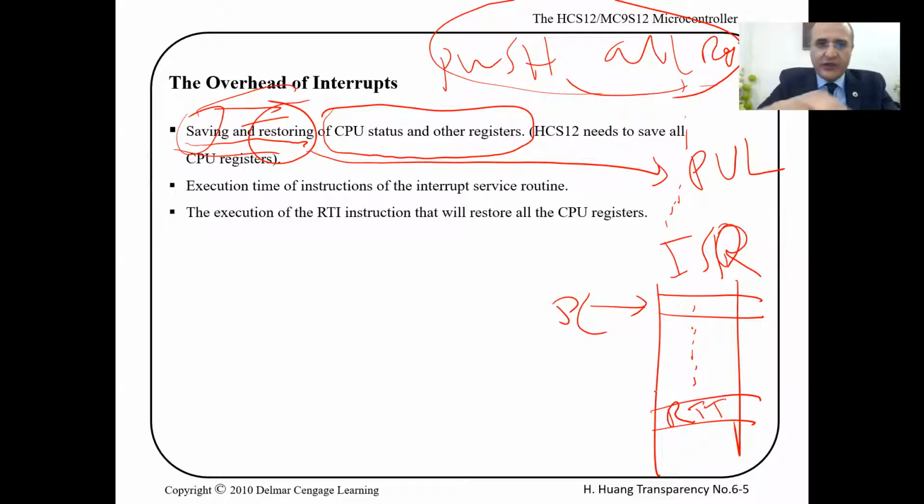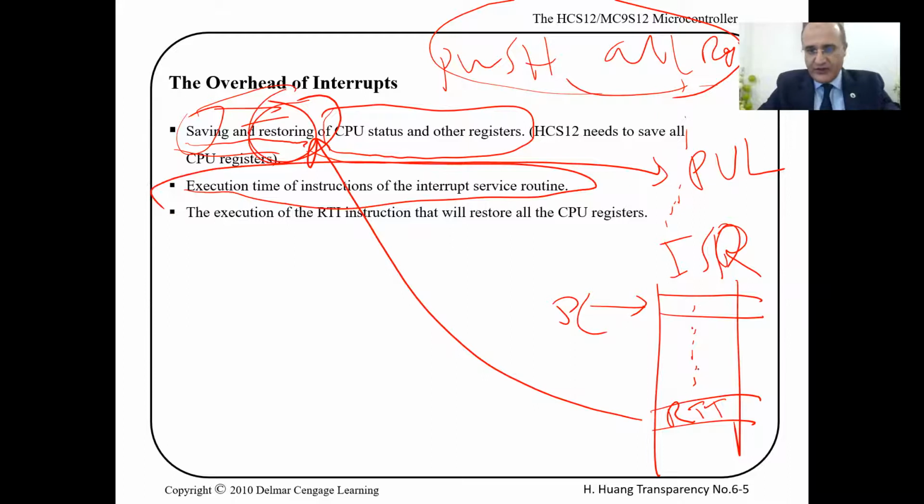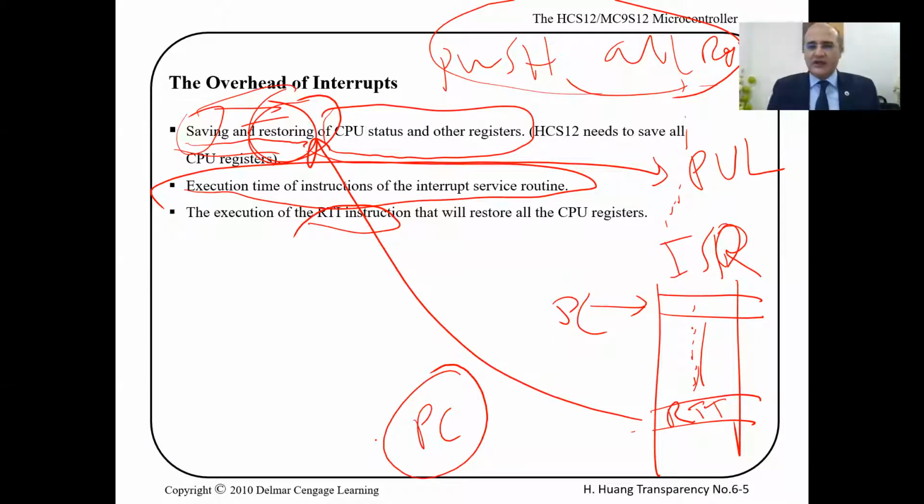A return from interrupt will cause the restore of all registers you push to the stack. Okay, then you execute all the instructions in the interrupt service routine. You can compute them if I give you the code. Then the return will cause the pulling the register from the stack and restoring the value of the program counter to the return address. This is all overhead, okay? And if I give you code and clock frequency, you can calculate the time.